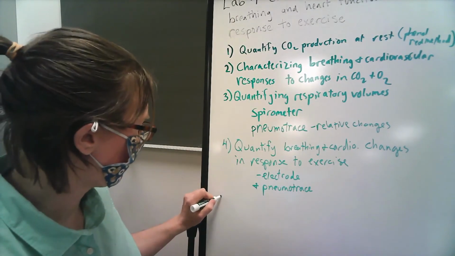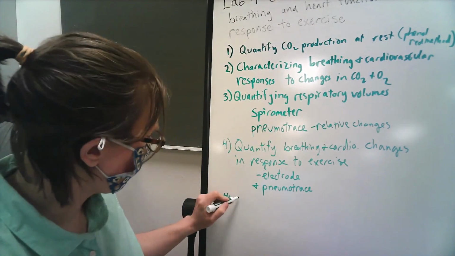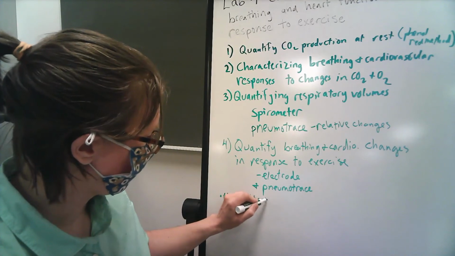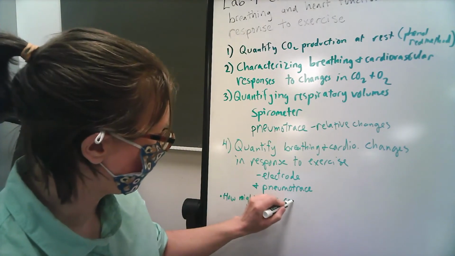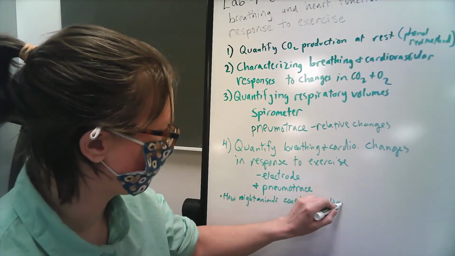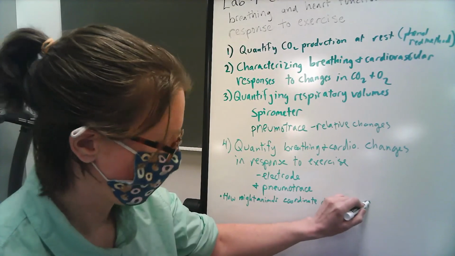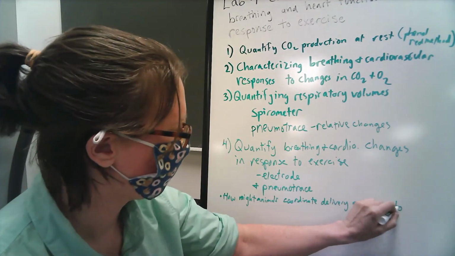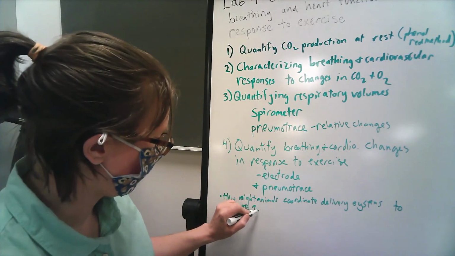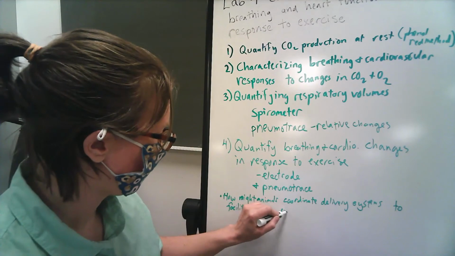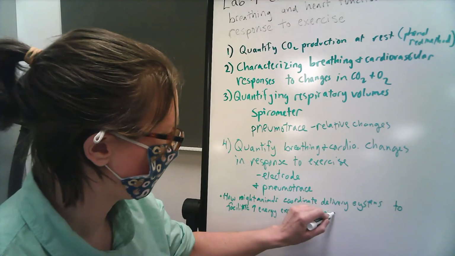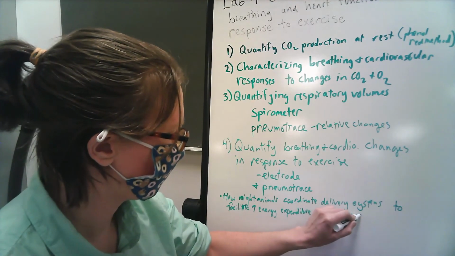First question is, how might animals coordinate delivery systems to facilitate increased energy expenditure during exercise?